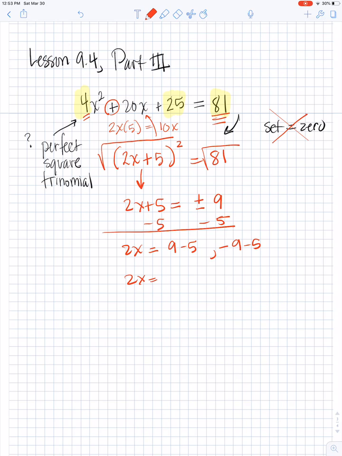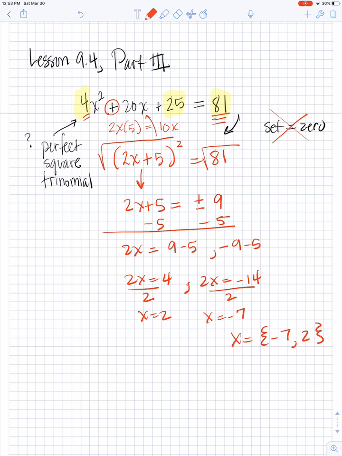So I have 2x equals 4, and 2x equals negative 14. Dividing by 2 on this side gives me x equals 2, and on this side, if I divide by 2, I have x equals negative 7. My final answer is x equals negative 7 and 2.